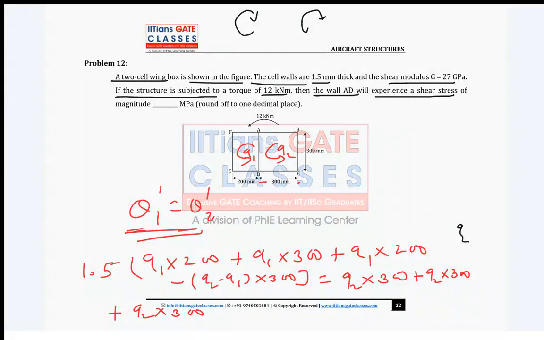So it is Q2 minus Q1 into 300. Clear, guys? Is this point clear? So guys, make sure this is followed when you are equating angle of twist, or if you are using compatibility. Clear, everybody? This question, yes or no?